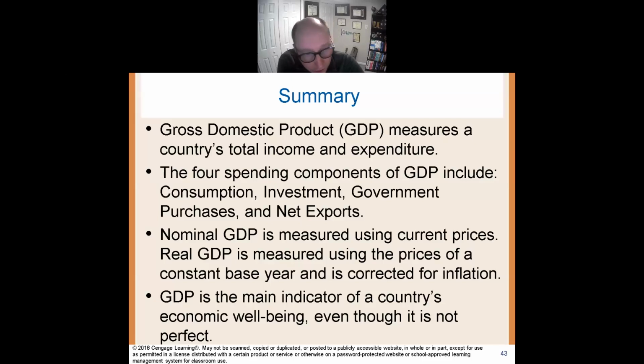Nominal GDP is measured using the current price, and real GDP is using a base price to correlate with inflation. GDP helps to measure a country's economic well-being, although it's not a perfect situation.